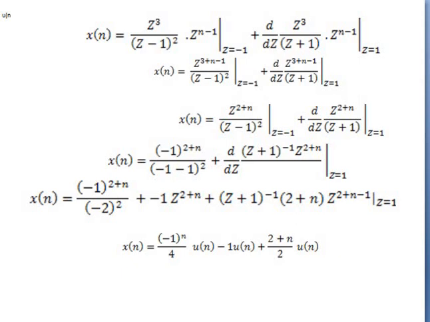So x of n is minus 1 the whole power 2 plus n by minus 2 the whole square, plus minus 1 into z power 2 plus n plus z plus 1 the whole inverse into 2 plus n z power 2 plus n minus 1, z equal to 1. Substitute this value, z is equal to 1. So minus 1 the whole power n divided by 4 into u of n, minus u of n plus 2 plus n by 2 into u of n.